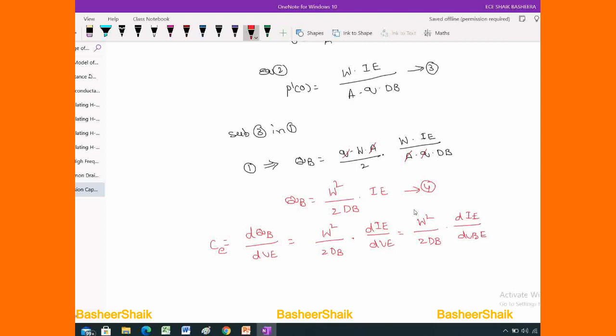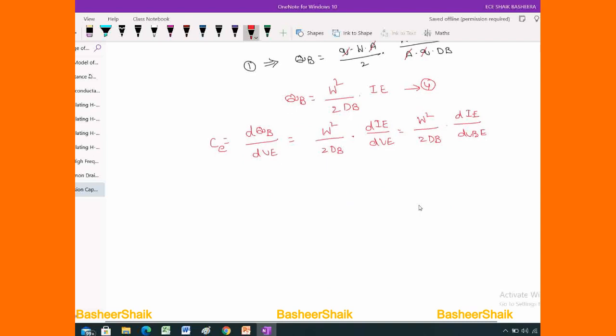Due to the early effect, we know IE is equal to IC, so CE is written as W square by 2 DB into the change in IC with respect to the change in VBE.